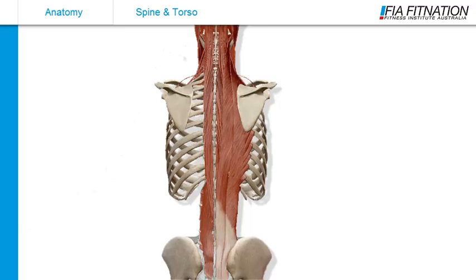So let's now have a look at the deeper layers of the erector spinae. Okay, so we've got a muscle group called multifidus, or multifidi for plural. These stabilize each vertebral bone by attaching from one spinous process of a vertebra to the vertebra above it.